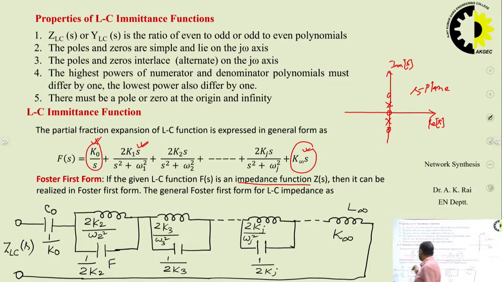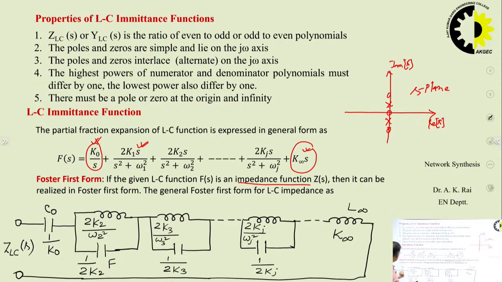Suppose this is an impedance, so this k0 by s corresponds to an impedance, so it will be a capacitor, because if you remember X is equal to 1 by j omega C, replace j omega by s, 1 by sC. So here the value of the capacitance will be 1 by k0, so here C0 will be 1 by k0.